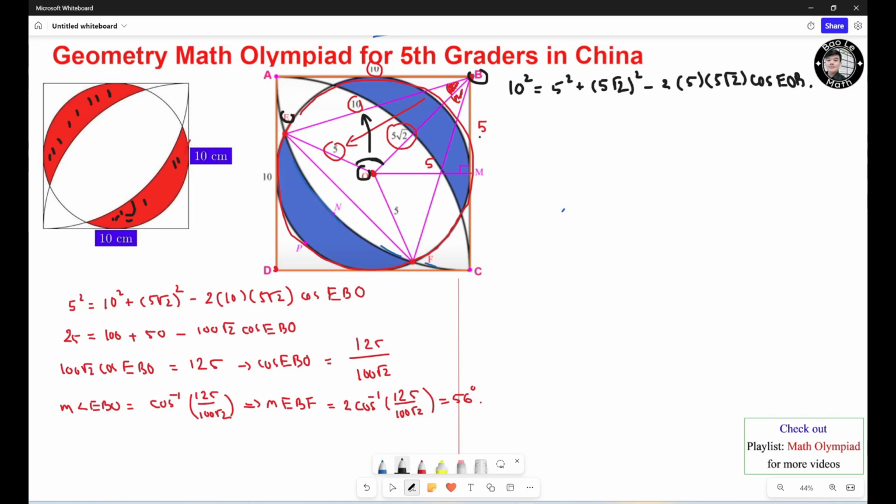Now we simplify: 10 squared is 100, equals 25 plus 50 minus 50 root 2 cosine EOB. Move this one to the left and this one to the right, so it turns out to be 50 root 2 cosine EOB equals negative 25.